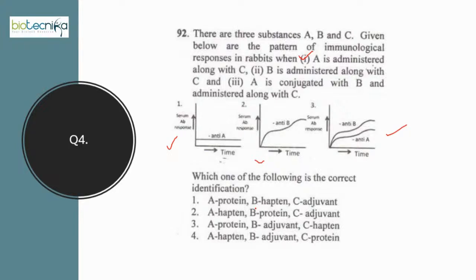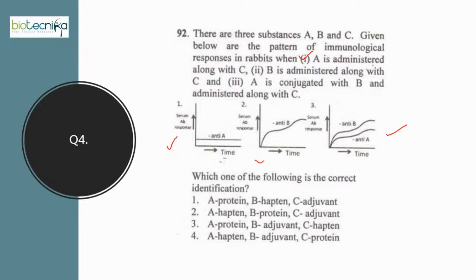There are a few things which you need to know in antigen presentation: what is an immunogen, what is an antigen, what is a hapten, what is an epitope, and what is an adjuvant.